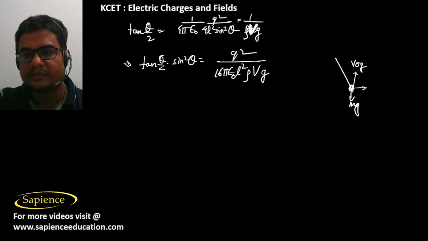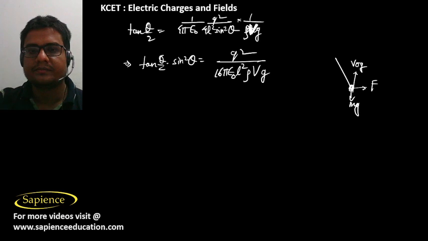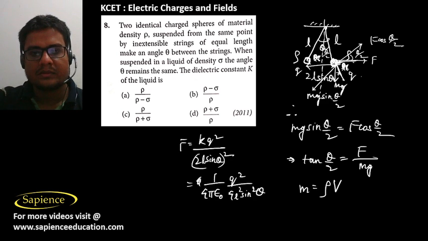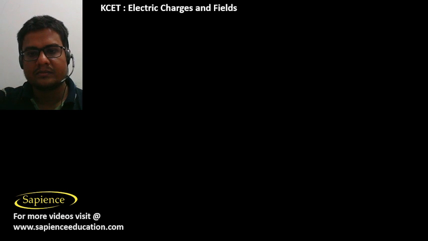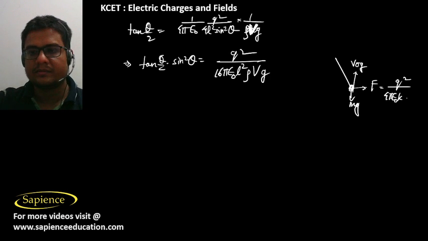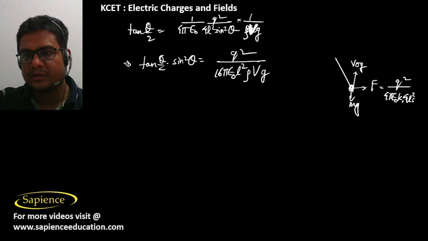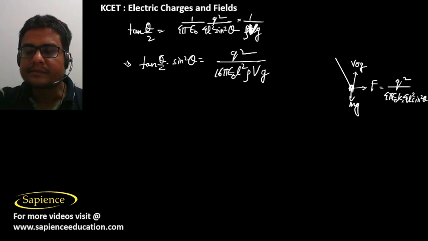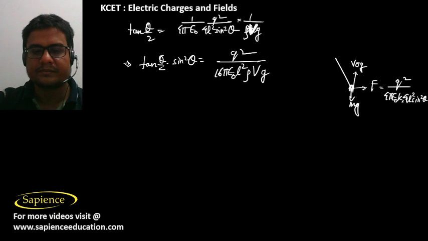And this is the force, which is equal to q square by 4 pi epsilon naught into k into r square, which is 2l sine theta whole square, which is 4l square sine square theta.